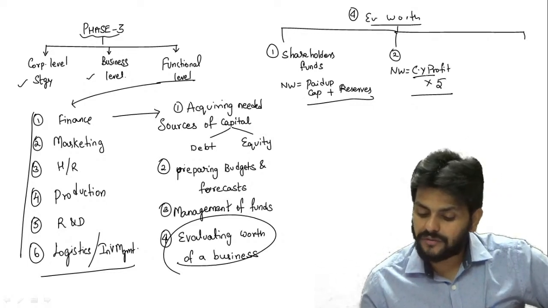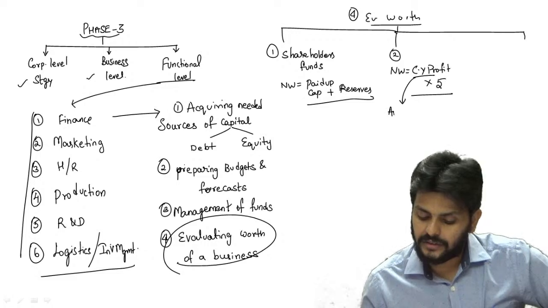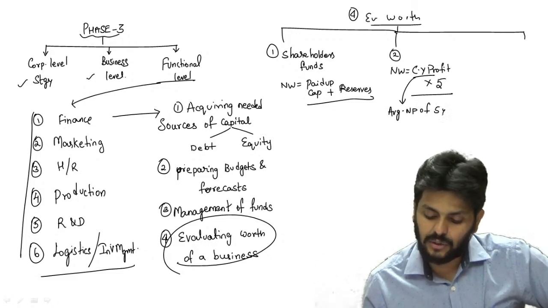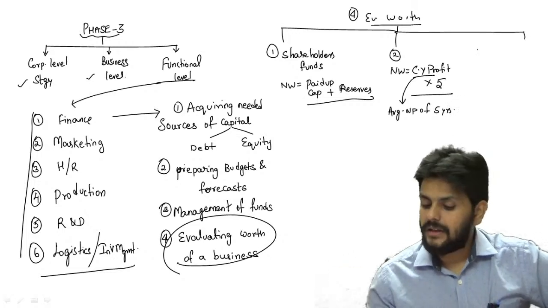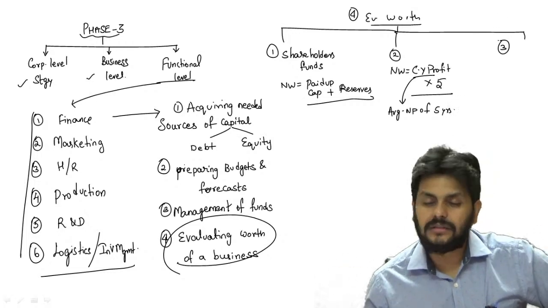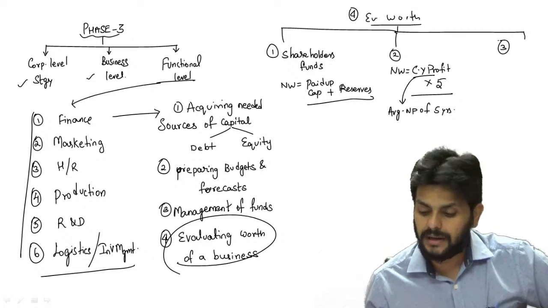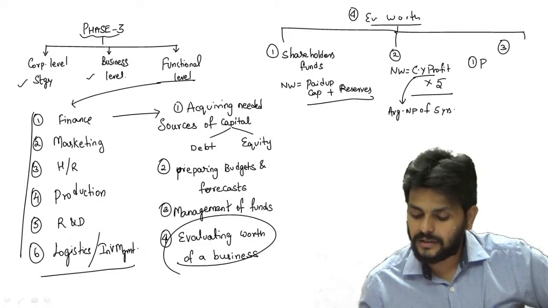So instead of current year profit, we might consider taking the average net profit of 5 years. That also can be done. Then the third method has 3 sub methods. Point number 1 is the price of a similar company.